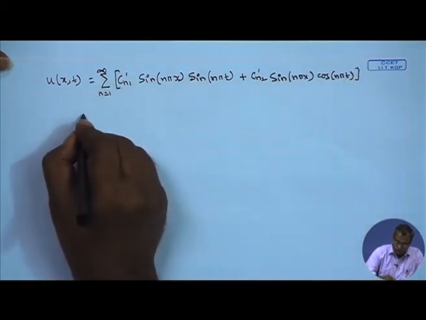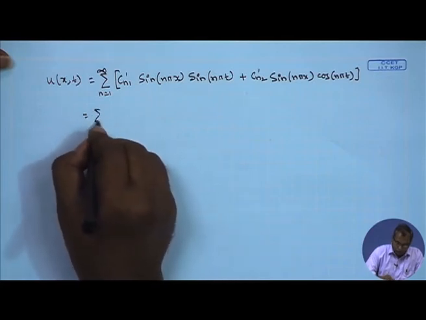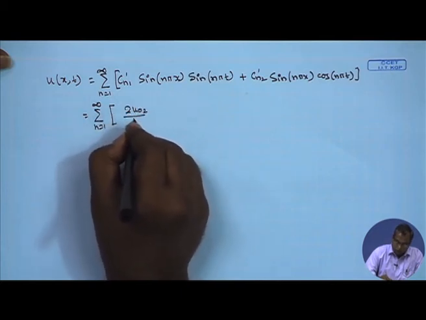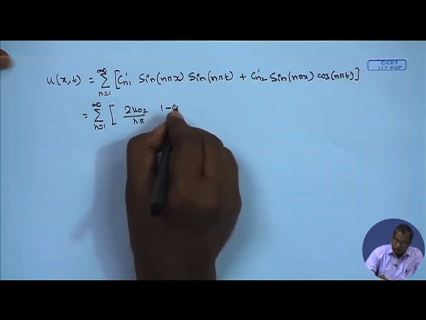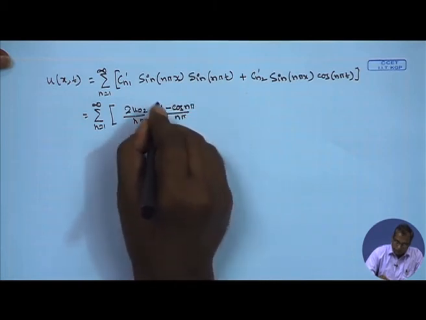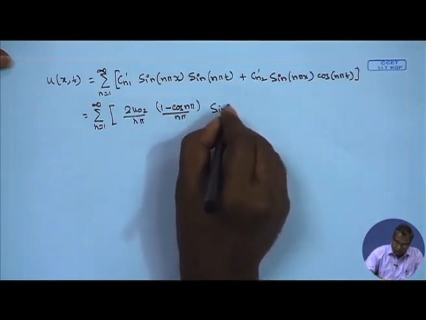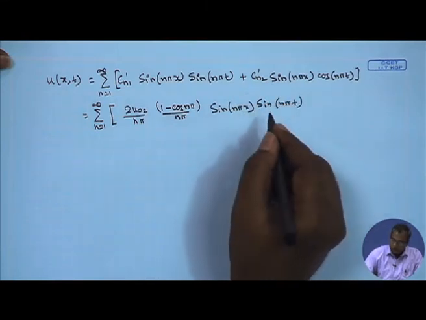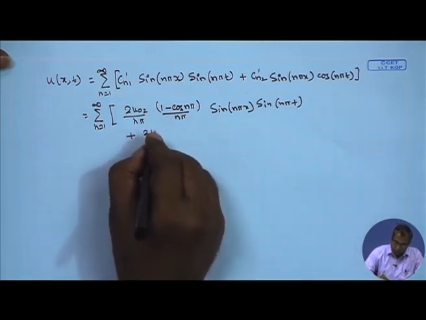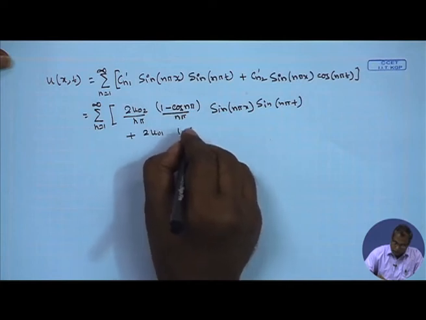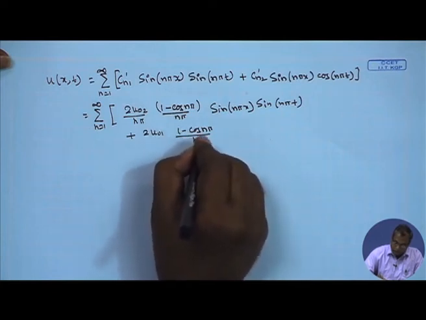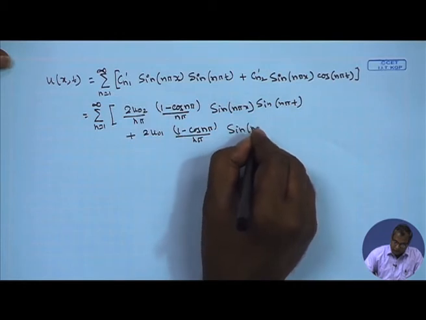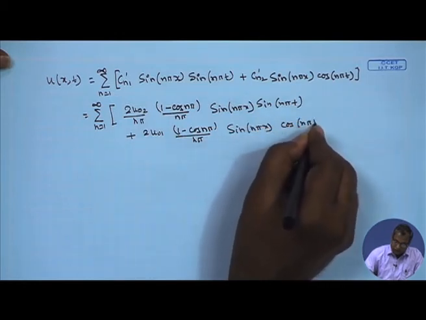Now, we will be substituting the value of Cn1 prime and Cn2 prime. So, this will be summation n is equal to 1 to infinity, bracket 2 u02 by n pi (1 minus cosine n pi) over n pi, sin n pi x sin n pi t, plus Cn2 prime, which is 2 u01 (1 minus cosine n pi) divided by n pi, sin n pi x cosine n pi t.